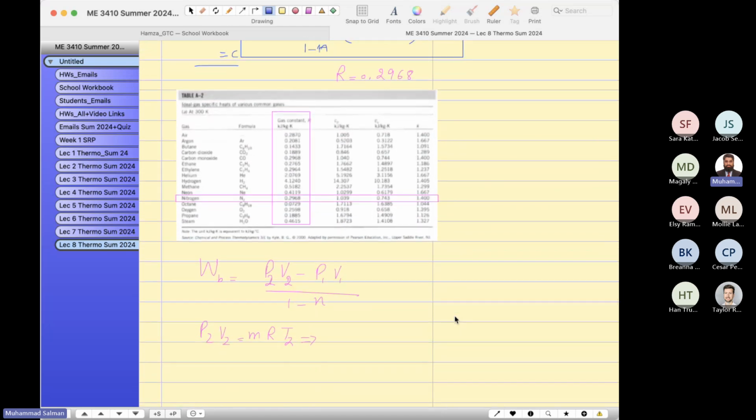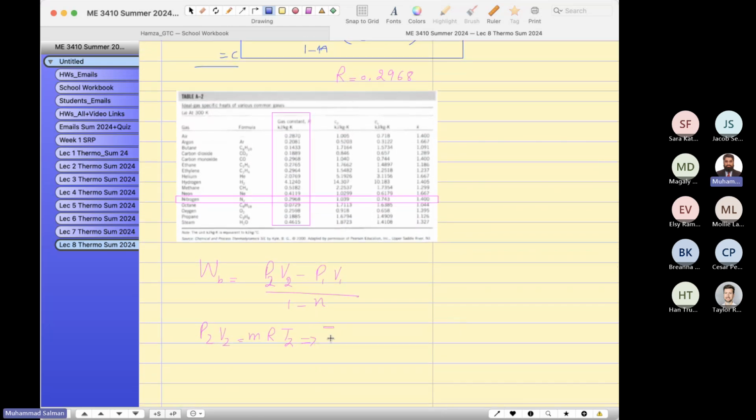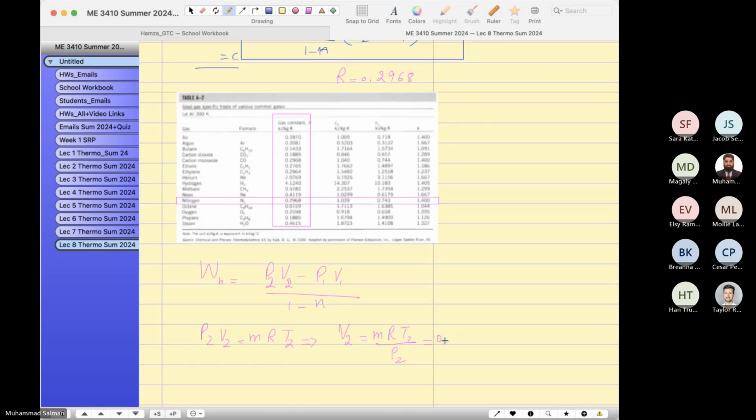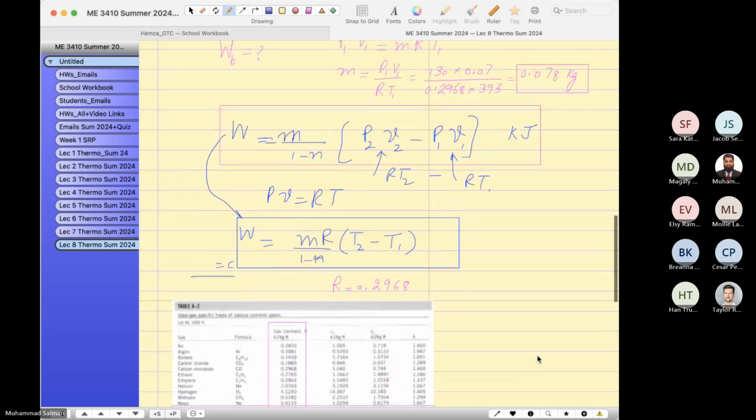Now, if we know the mass, can we find out what is the volume? I think Sarah is typing something.